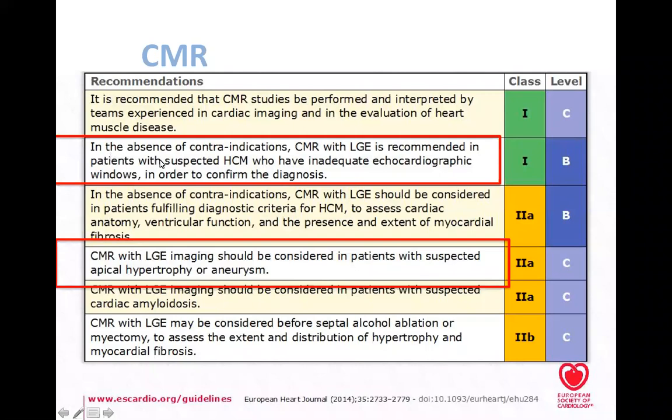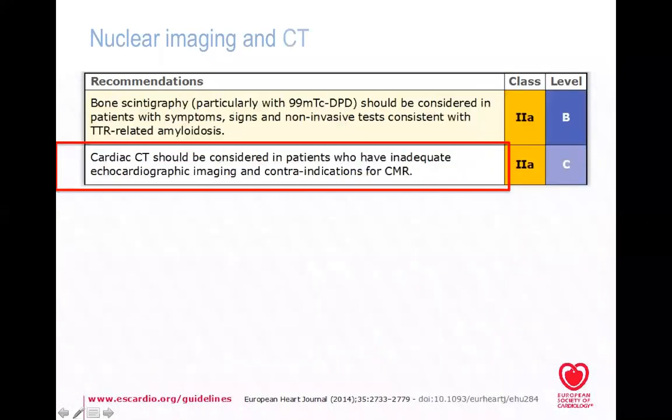MRI with late gadolinium enhancement is recommended in patients with suspected HOCM, or who have an inadequate echocardiography window to confirm the diagnosis. MRI with gadolinium enhancement is also considered in patients with suspected apical hypertrophy or aneurysm. CT scan should be considered in patients who have inadequate echo or contraindication to MRI. So this is class 2A.